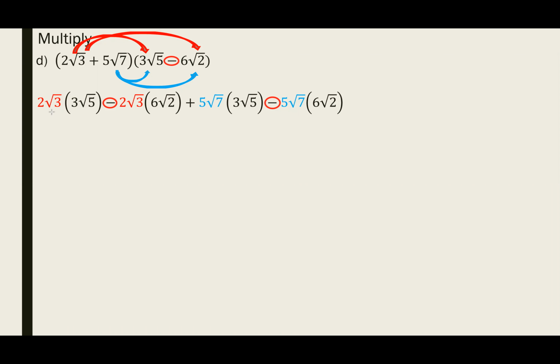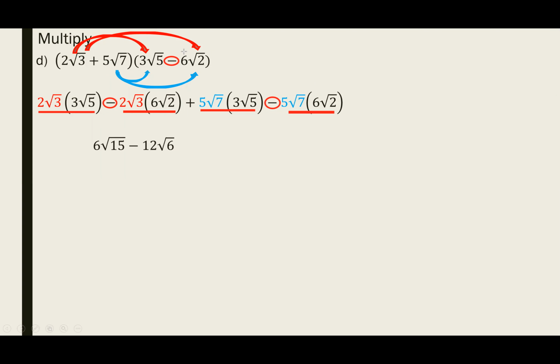We have 2 square root of 3 times 3 square root of 5, which is 2 times 3 on the outside, which gives me 6. 3 times 5 gives me 6 square root of 15. And then we have 2 square root of 3 times 6 square root of 2, which is 2 times 6 is 12, and 3 times 2 is 6. And then we have 5 times 3 and 7 times 5, and 5 times 6, 7 times 2. So again, we have 4 individual problems.